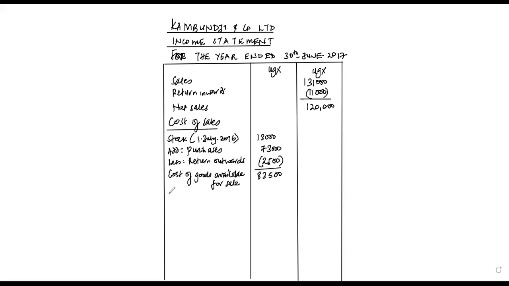But of course, we have some that remain unsold at the end of the period. Closing inventory or stock, that is 8,500. So your cost of sales now is 75,000.